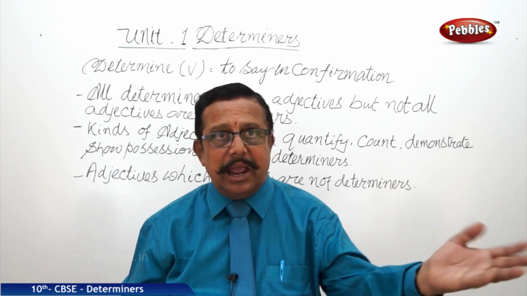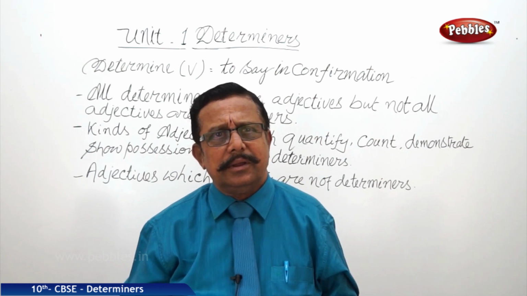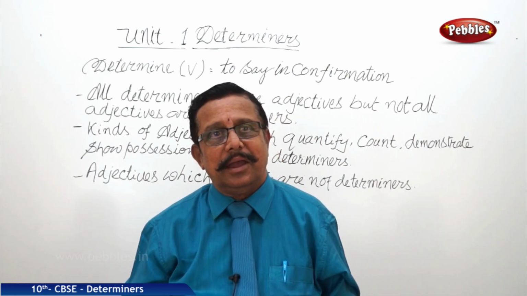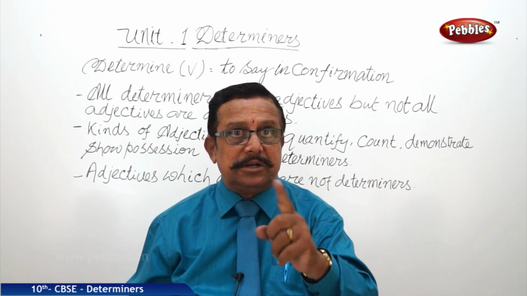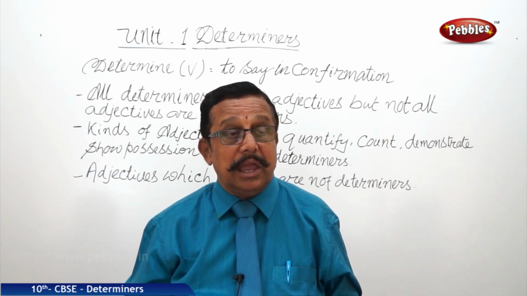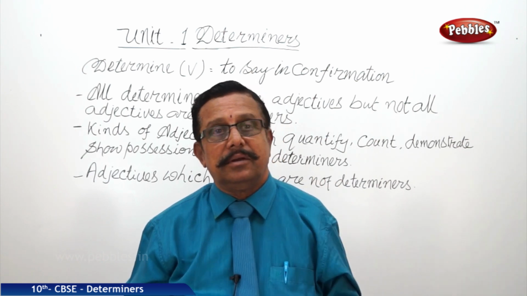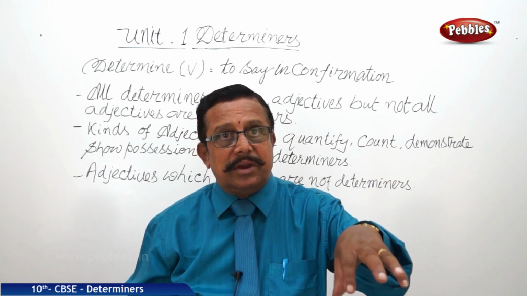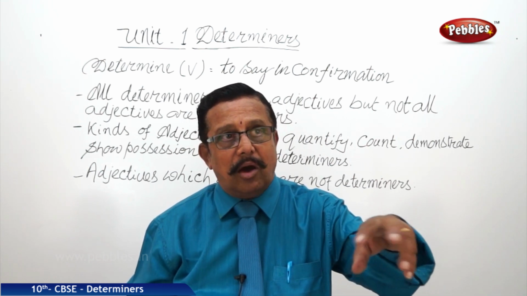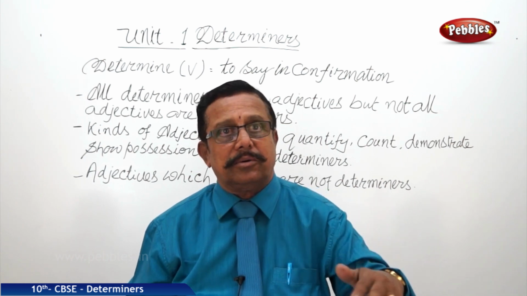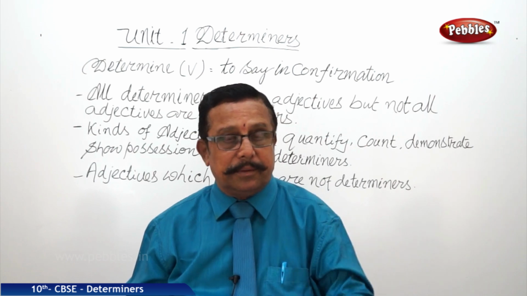I may need either the boy. I don't want any boy, neither the boy. And I am talking about everybody. Each of the boys is presenting. Every boy should be present. The word every is distributing the boys, and out of that we are singling one out. So it is a distributive determiner.